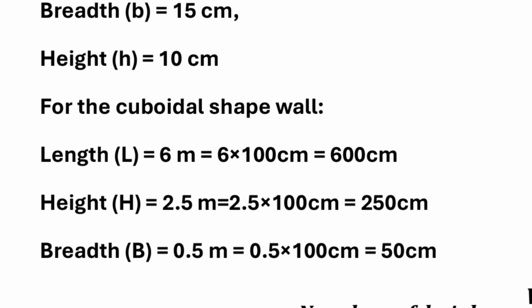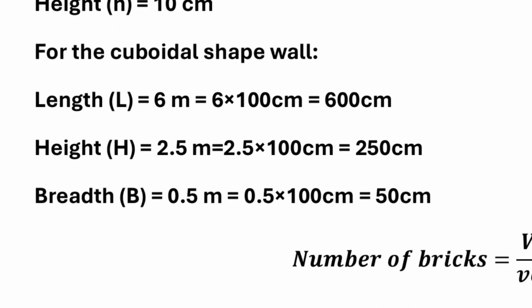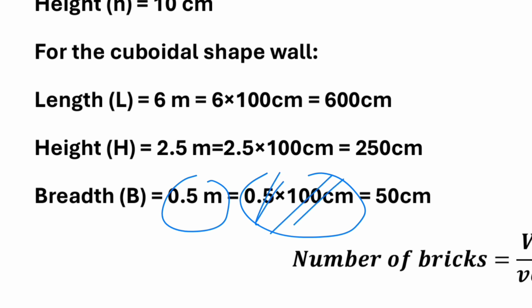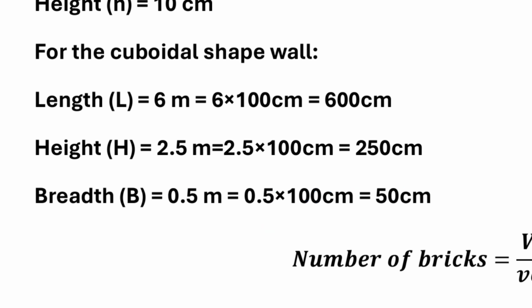Same way, breadth capital B is equal to 0.5 meter, which is 0.5 into 100 centimeter, equal to 50 centimeter. This way, first we convert meter into centimeter.